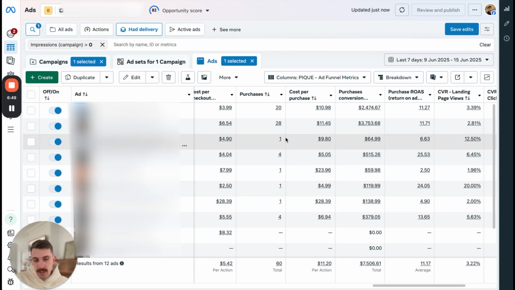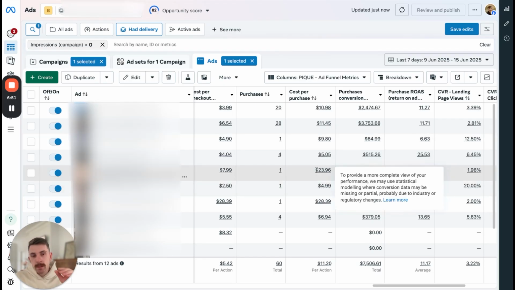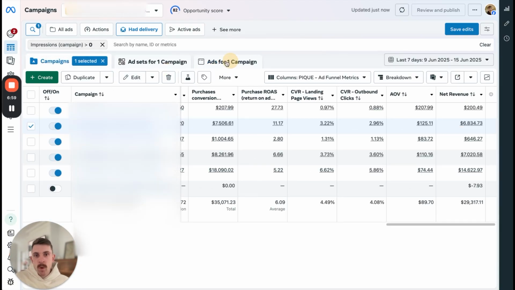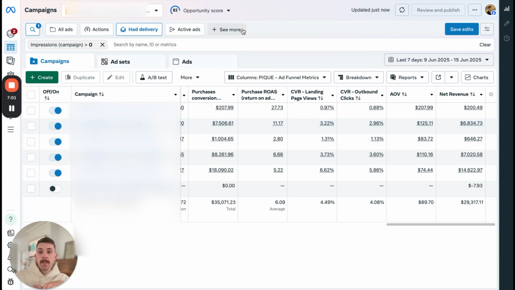But in most cases, if you're spending a certain amount of money and you're just constantly exceeding that target CAC, then you should just go ahead and turn that ad off. So that's just an example of the power of knowing what your Max CAC is and using that to your advantage to ensure that you never lose money with paid advertising again.